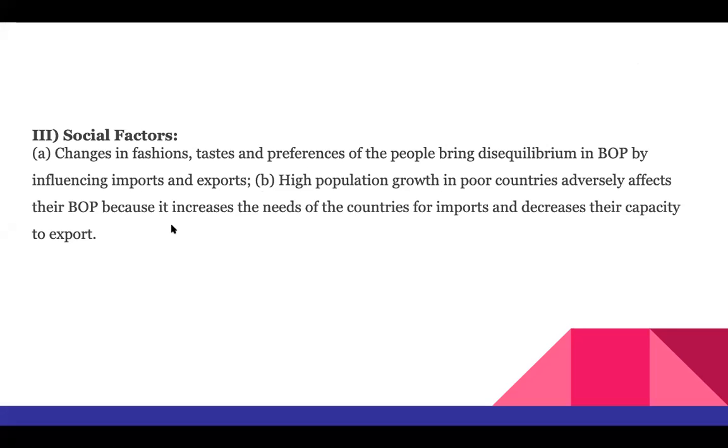Changes in fashions, tastes, preferences of the people bring disequilibrium in BOP, influencing imports and exports, which means, for example, earlier when we were wearing only traditional wear, we had this thing. Later on, when we started using modern outfits, Western outfits, we had to import some of them also.